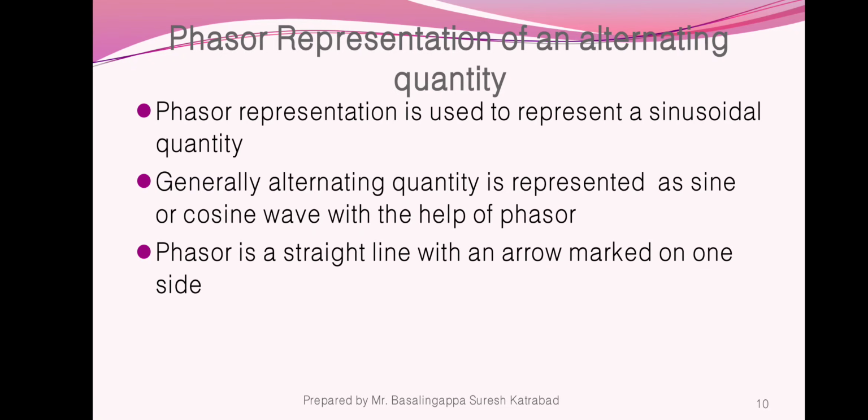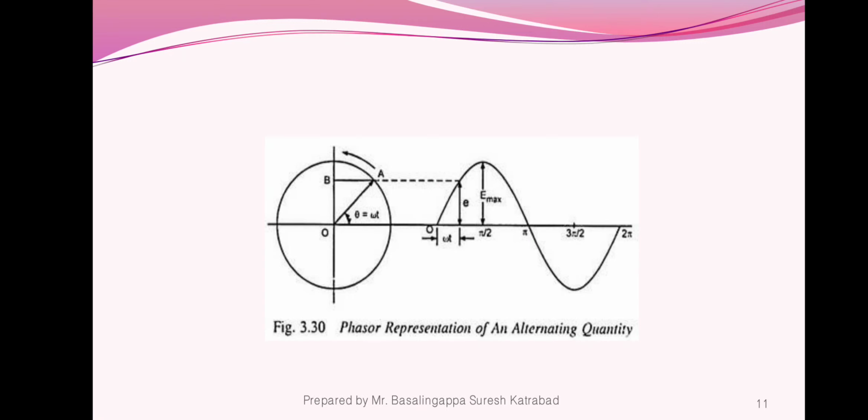Next, phasor representation of alternating quantity. We have seen already, phasor representation is used to represent a sinusoidal quantity. Generally an alternating quantity is represented as a sine or cosine wave. Simply, a phasor is a straight line with an arrow marked on one side. Here we are showing a phasor that is rotated anti-clockwise.